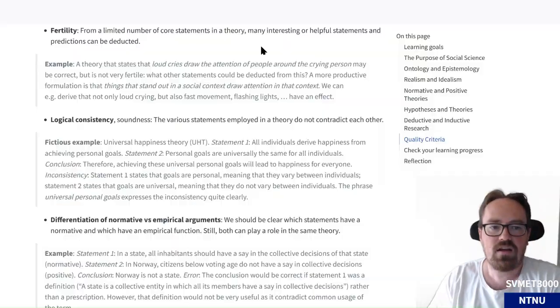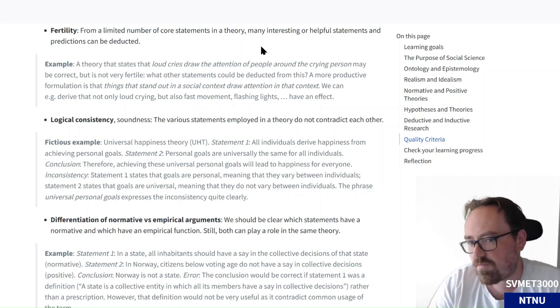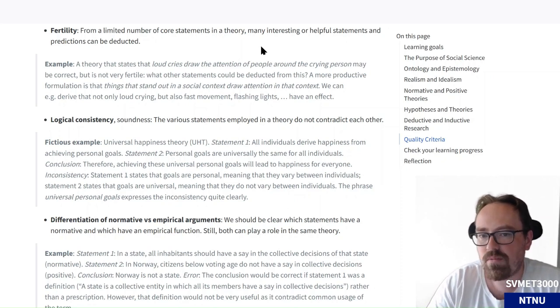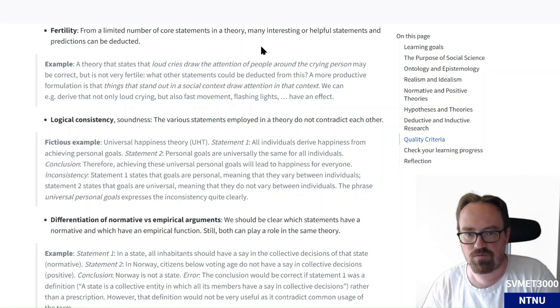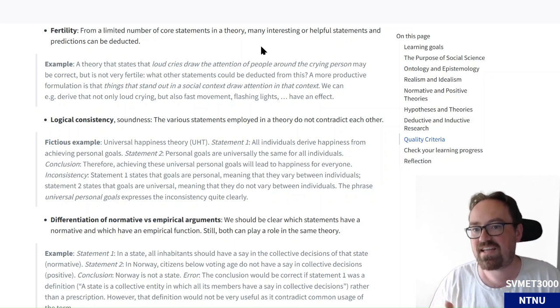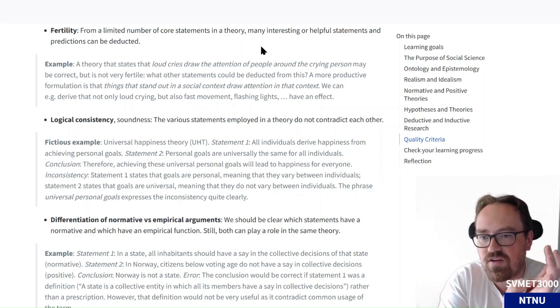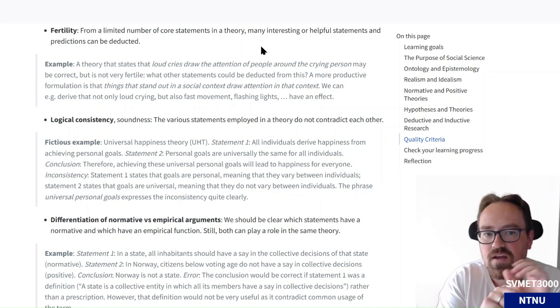Let's look at the second criterion, which is fertility. From a very limited number of core statements in a theory, we should be able to derive many interesting or helpful statements. They logically follow from the core statements, or can at least inspire plausible conclusions that can be deduced from the theory, predictions that we again can test.